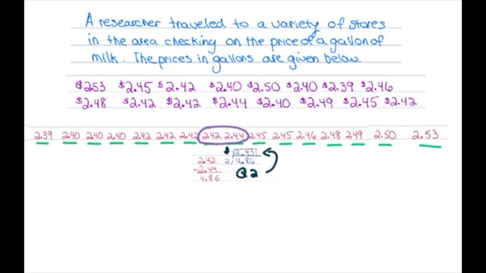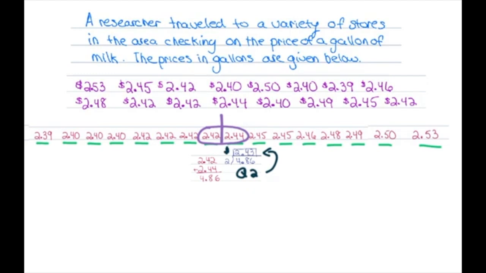Now I have to look back at my data to find Q1 and Q3. Let's just remember that when I find Q1, the median of your lower set of data, I must include $2.42 in my data set. And when I'm finding Q3, I also have to remember to include $2.44 in my data set.